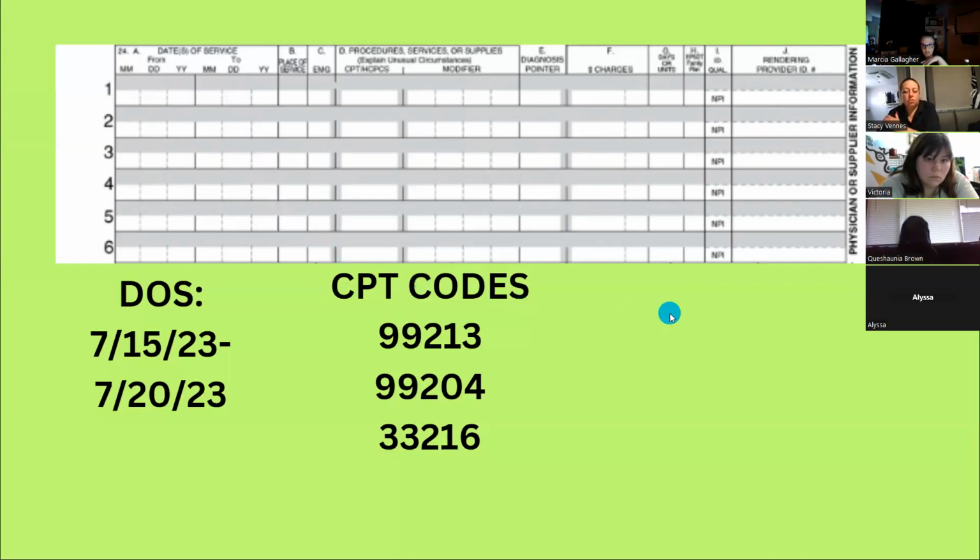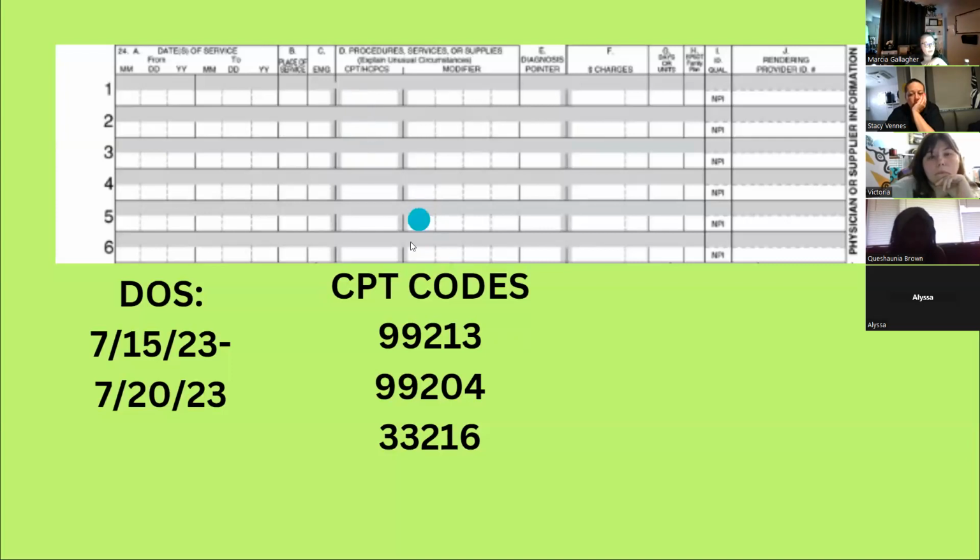If you were in the hospital and you were being seen by the physician every day, you couldn't just put 7/15 to 7/20 and put 99203. And I know that y'all don't know what that CPT code means yet, but you will. You would have to put every date of service, 7/15, 7/16, 7/17, and then you would have to put that 99203 every single day.